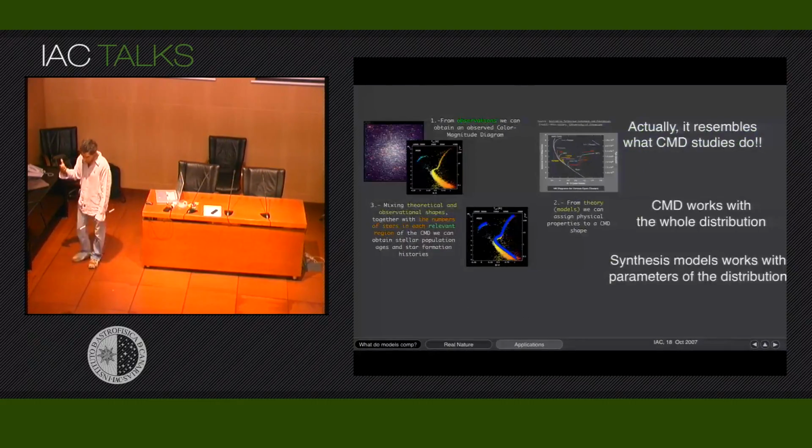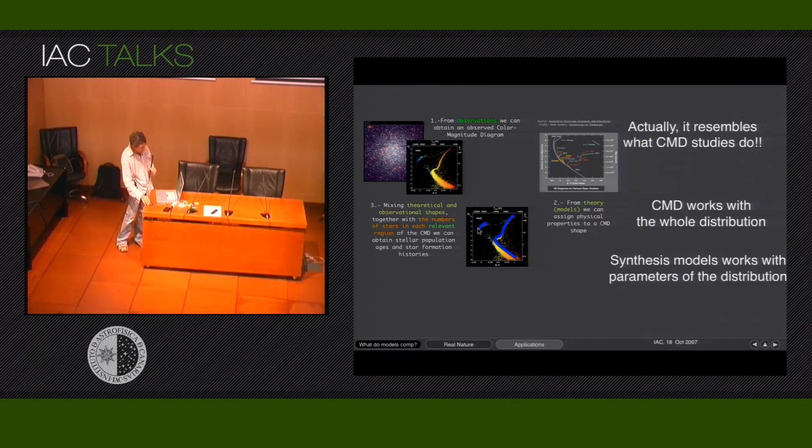And if you think, well, when we are working with the models, actually we are doing something very, very similar to what is done in color magnitude diagrams. In a color magnitude diagram, you take the stars, plot them, and fit to all the isochrones.